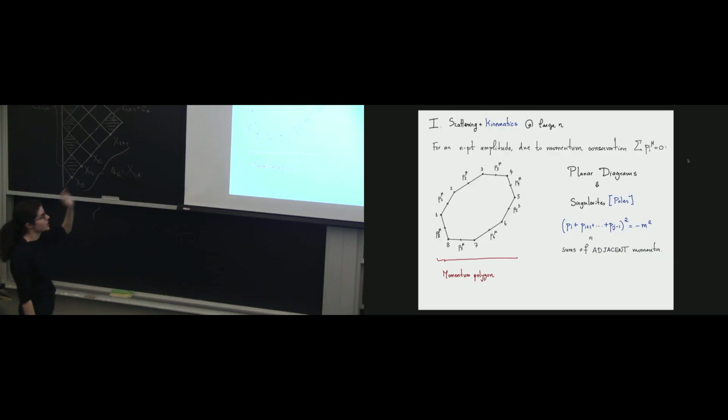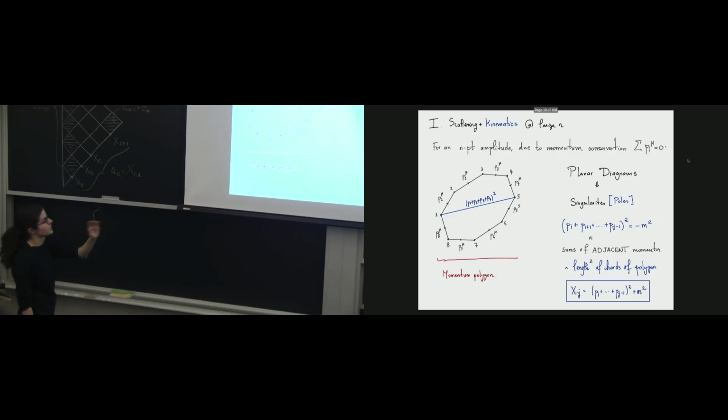If I have an n-point color-ordered amplitude, and I list the momentum of each particle in the scattering process tip to toe according to this color ordering, I get a closed polygon, just because of momentum conservation: the sum of the momenta has to add up to 0. For the planar diagrams we'll be considering, the singularities, the locations where these tree-level amplitudes have poles, are exactly when sums of adjacent momenta go on shell.